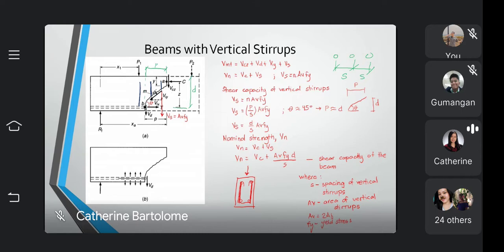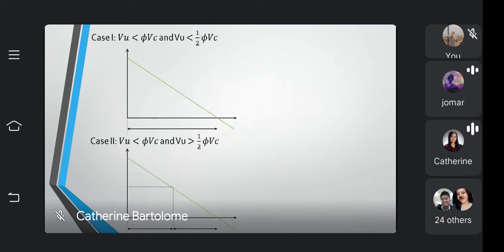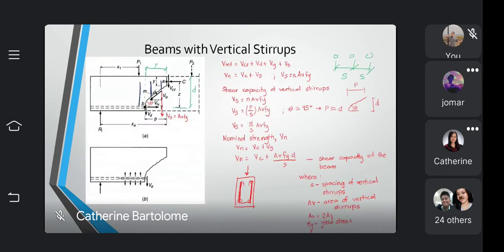Let's discuss it later. Ma'am, the area of the bar, is it the bar used for the stirrup? Yes, the stirrup bar, because this is what resists. So you will get the area of the stirrups there. It's either D10 or D12 only.